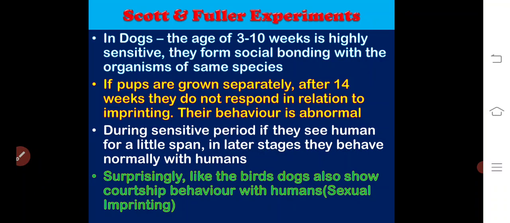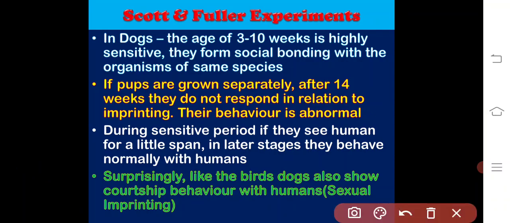And according to Scott and Fuller, based upon their experiments, in dogs, the age of 3 to 10 weeks is highly sensitive. They form social bonding with organisms of the same species in this duration.